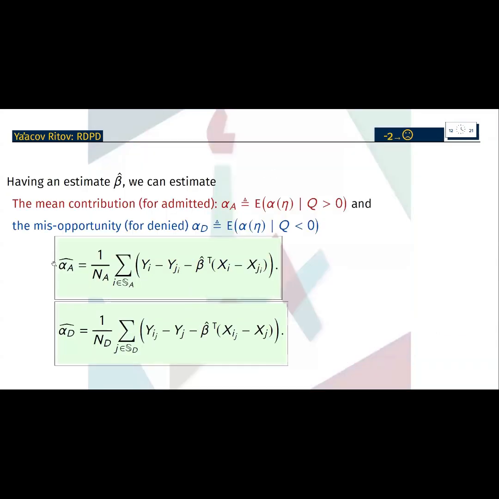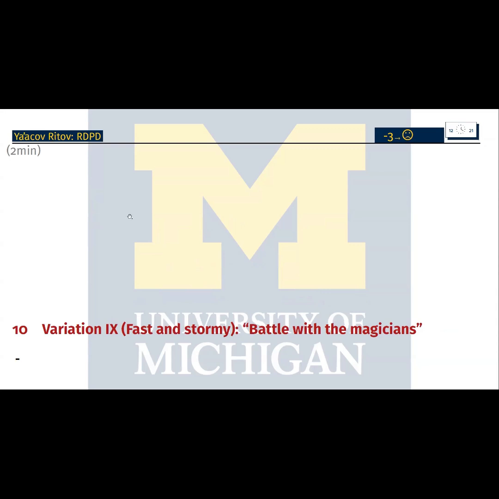But given the beta, I can look at the average, two averages, and see, for example, the mean contribution of the program to the students who were admitted, and for the students who were not admitted and denied, what was the missed opportunity by not being admitted.